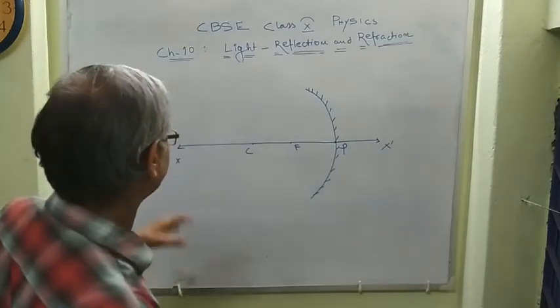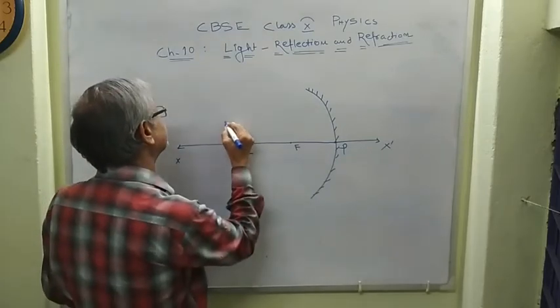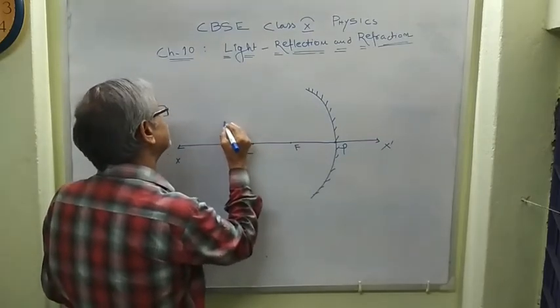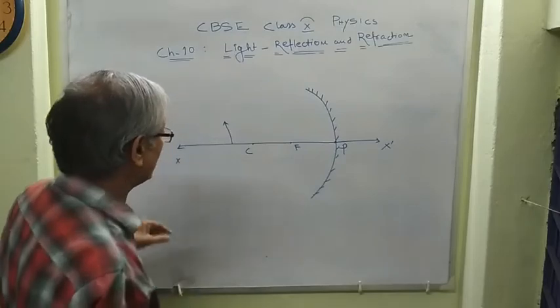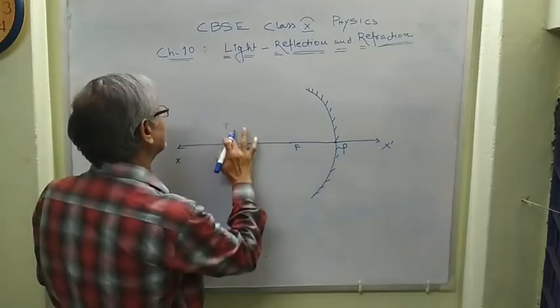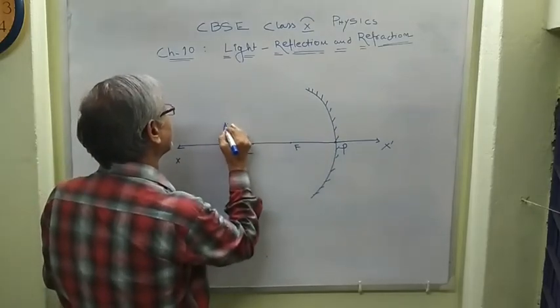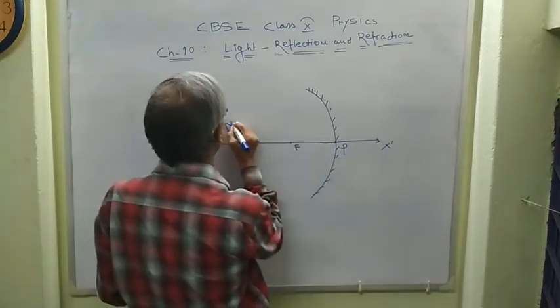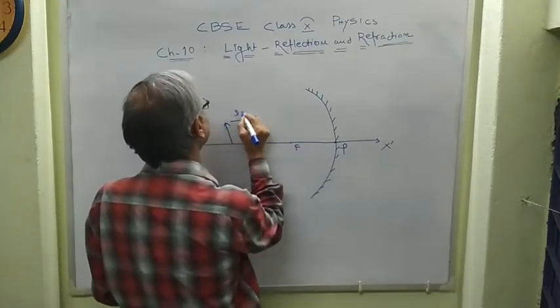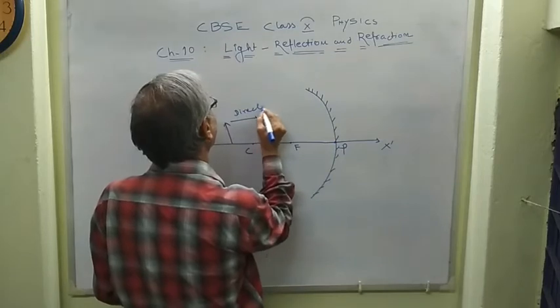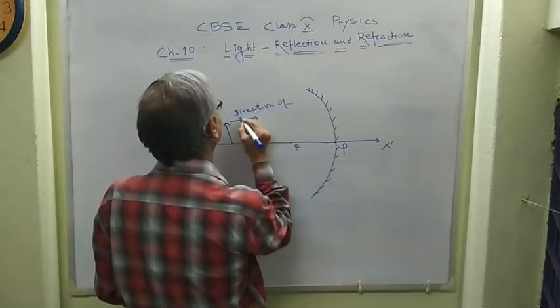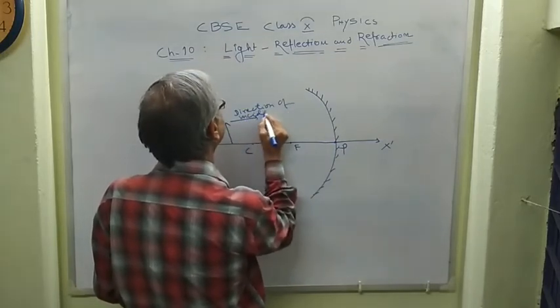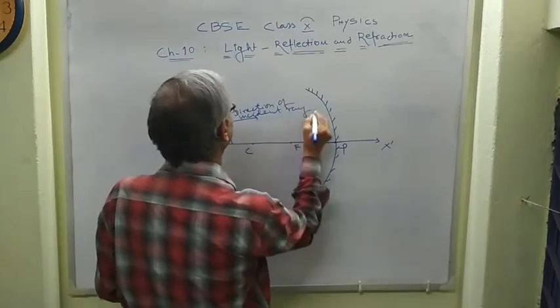Here, the object is placed beyond C. This is the direction of the incident ray.